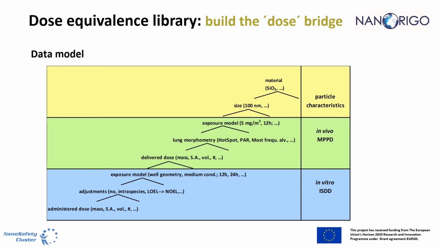The library is pre-filled with a selection of nanomaterials as showcases with different particle sizes, exposure times, and for different alveolar compartments. The equivalence dose was predicted by means of the multiple path particle dosimetry model for in vivo and the in vitro sedimentation diffusion dosimetry model for the in vitro simulation.